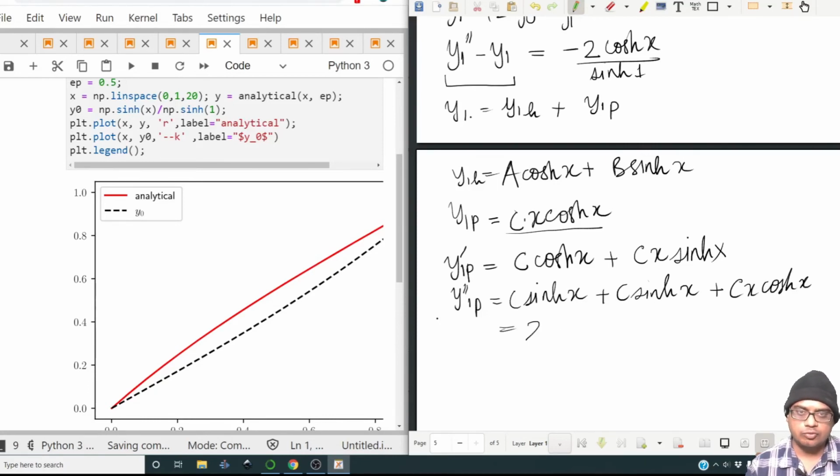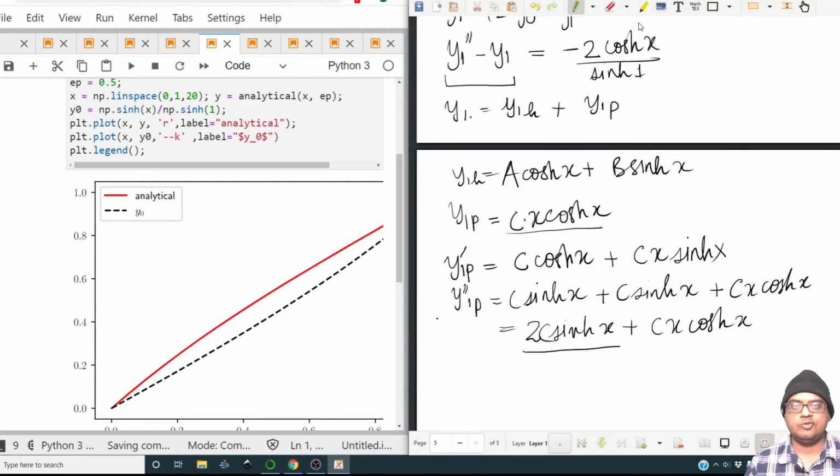So this is 2 sinh x times c plus cx cosh x. So now we actually have a form of 2 sinh x, which means that the solution has to be of a sinh form. Once we take the derivative, this will become sinh x, and this will become 2x cosh x.